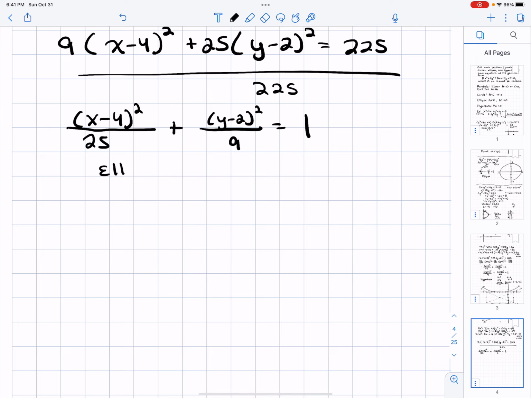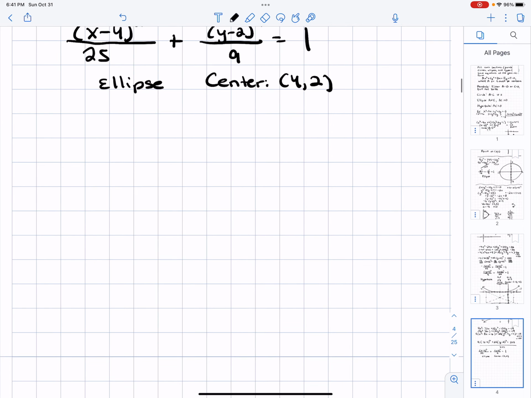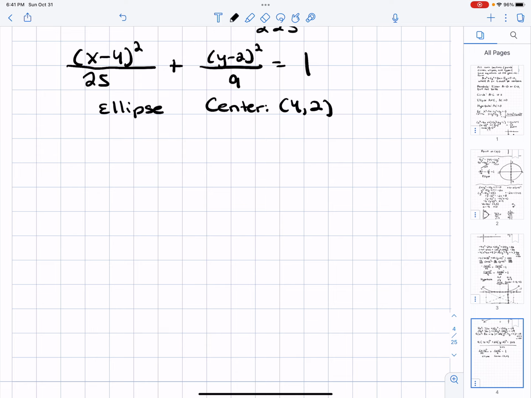So it's an ellipse. And the center is at 4, 2. We're just trying to sketch the graph. You know what? I'm going to go ahead and go by ones.